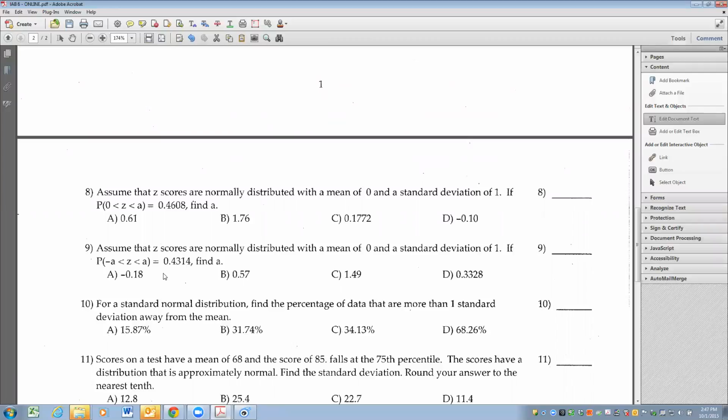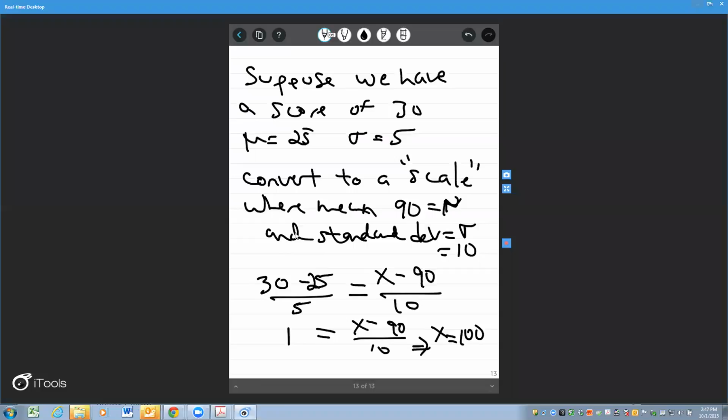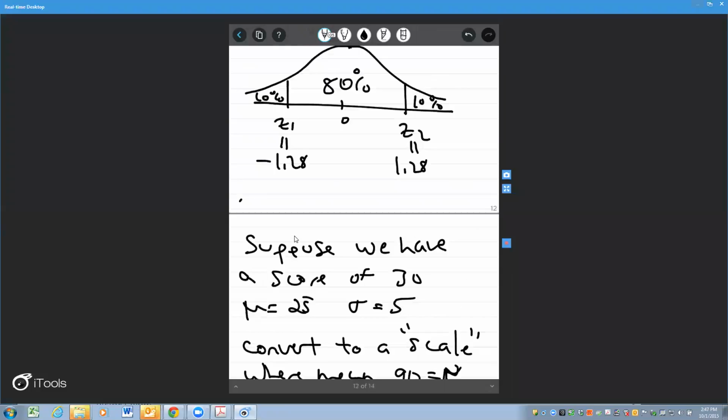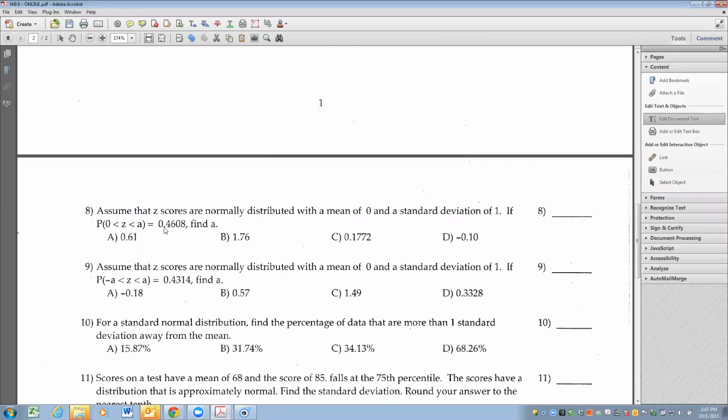Number 9 is very similar to this example. They're trying to find a z-score that corresponds to some probability, and what we are given is the middle probability of 0.4314.